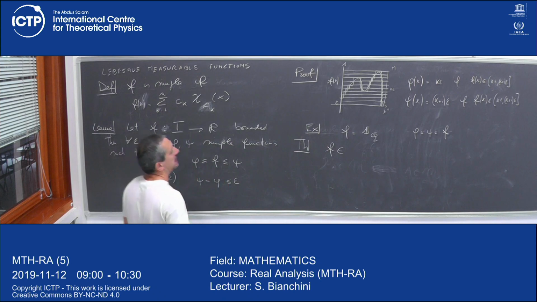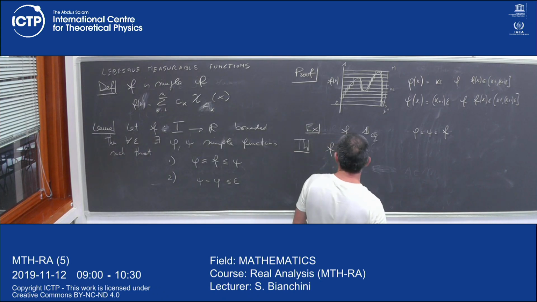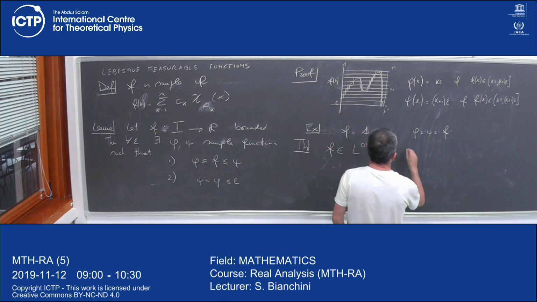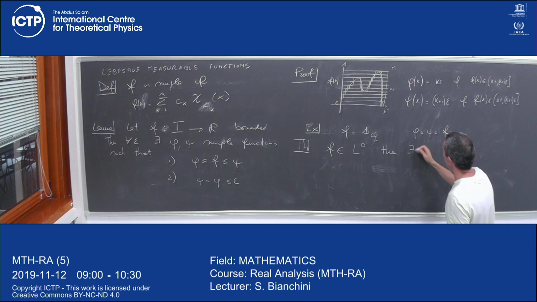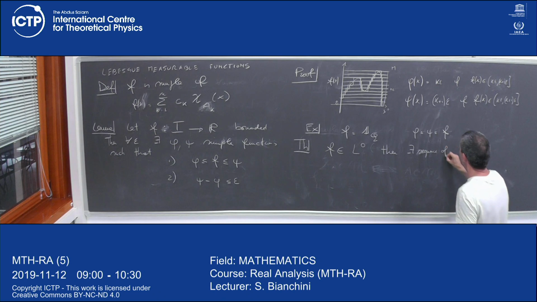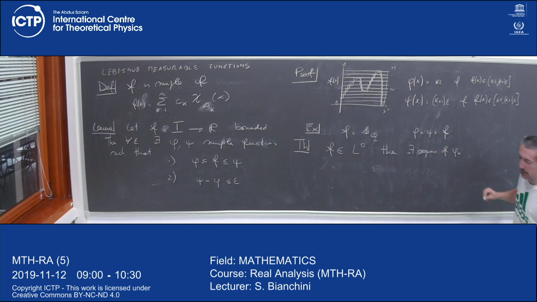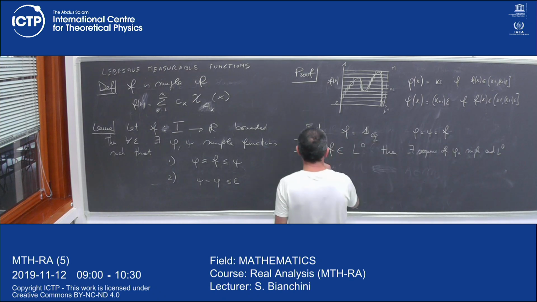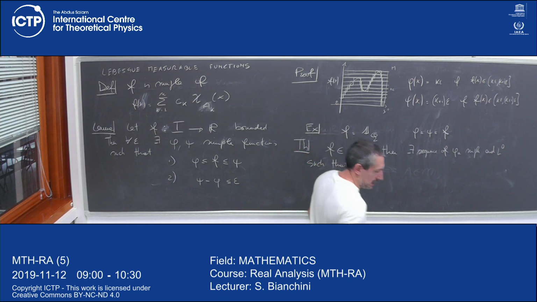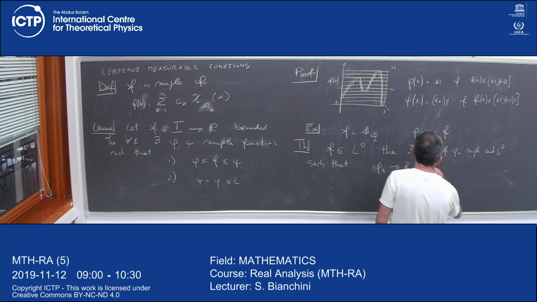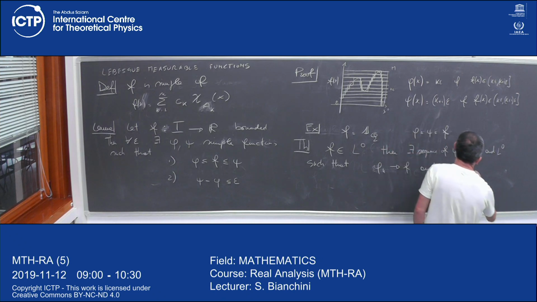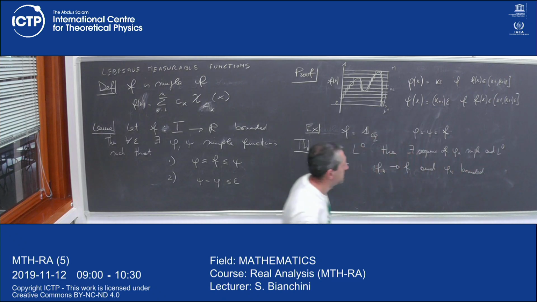It's not in an interval and it's not just bounded. f is in A, then there exists a sequence of phi n simple and in A measurable, such that phi n converges to f and phi n is bounded.